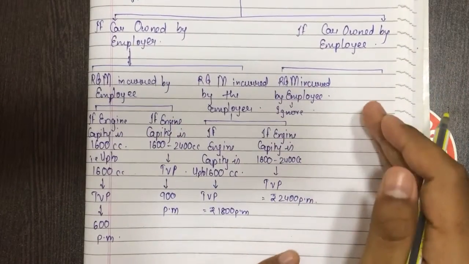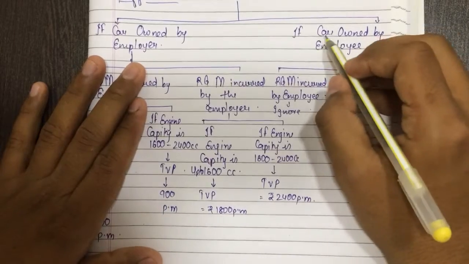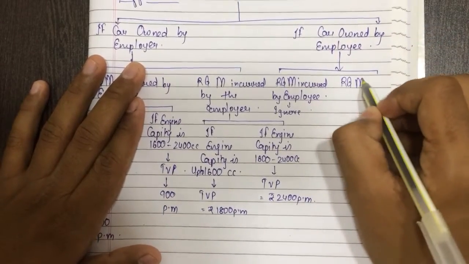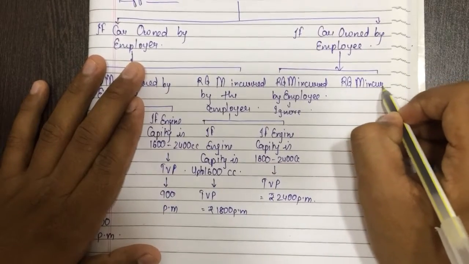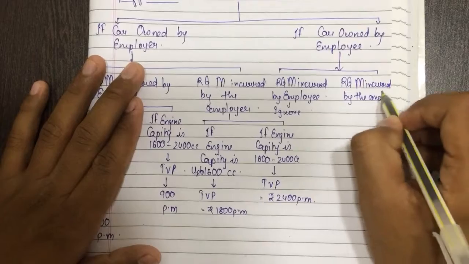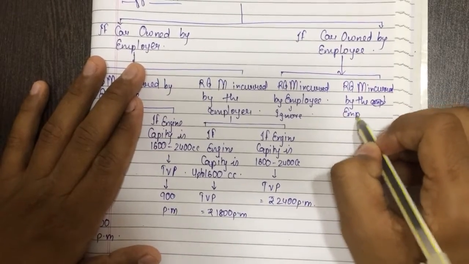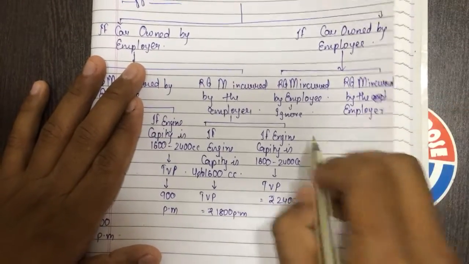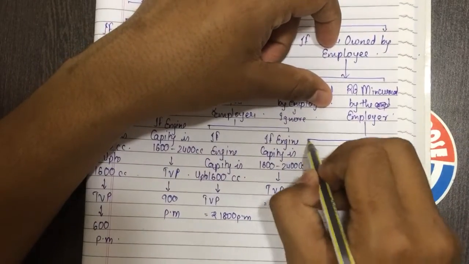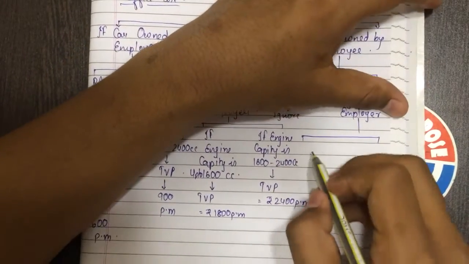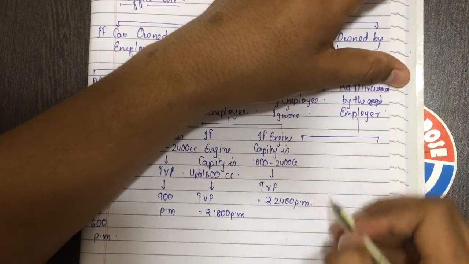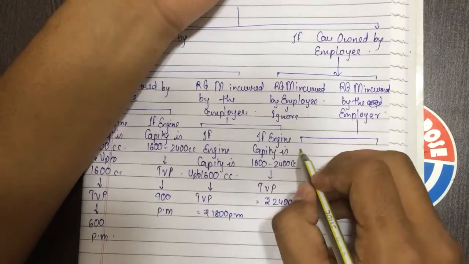Now, if the car is owned by the employee and repairs and maintenance are incurred by the employer, then how to account for it? See, there is again a chart.